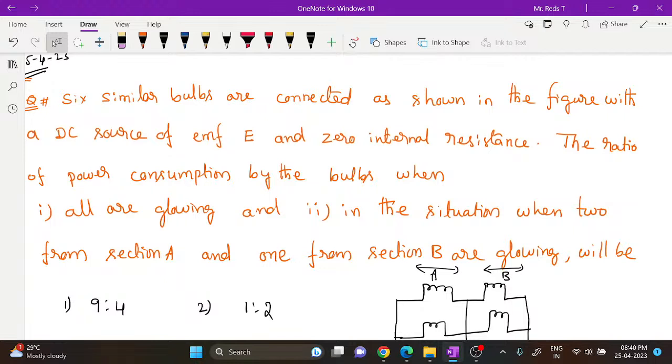Yes, the question is: six similar bulbs are connected as shown in the figure with a DC source of zero internal resistance.